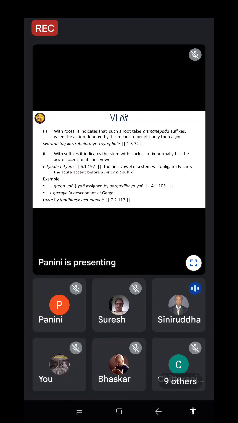That's why they form another noun. Dasharatha becomes Dasharathi. Nara becomes Narayana. Garga becomes Gargya. So these change from one stage to another stage. So there is a relation. These are apatyarthe, son of so and so, relation of so and so. These meanings are also expressed only by taddhita suffixes.